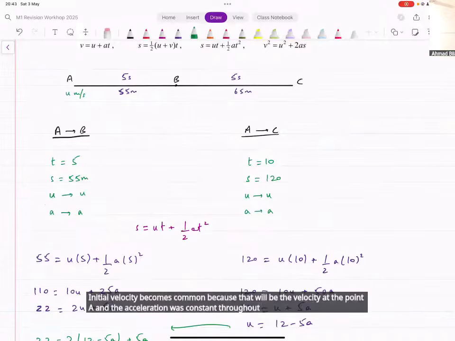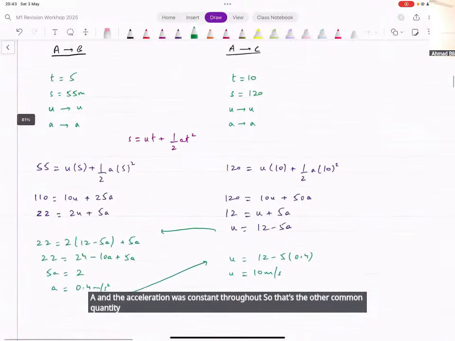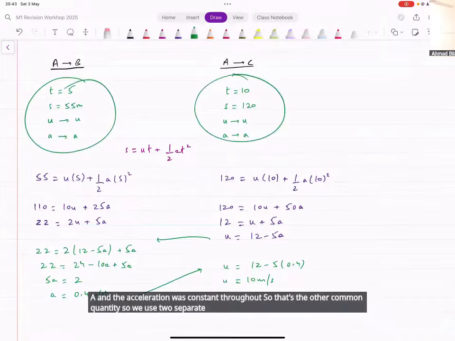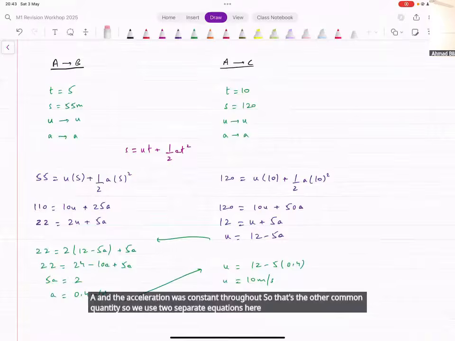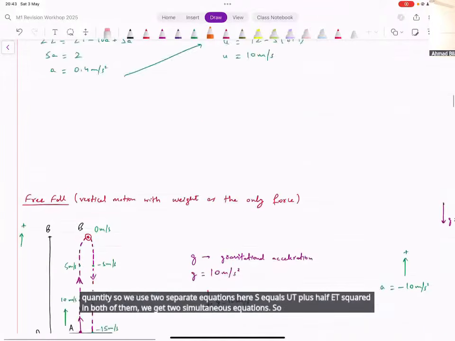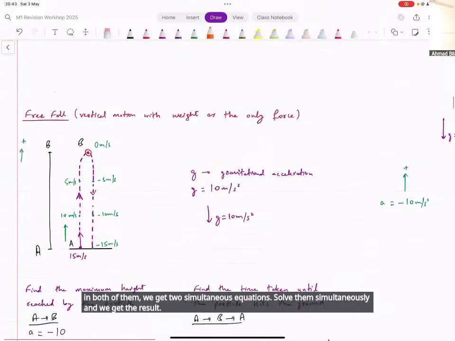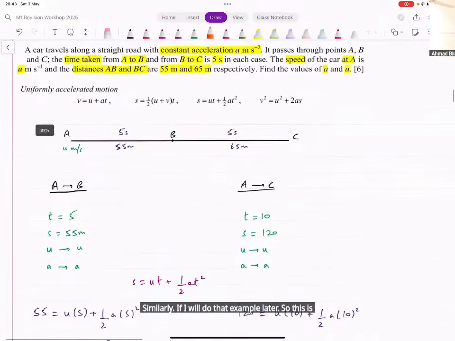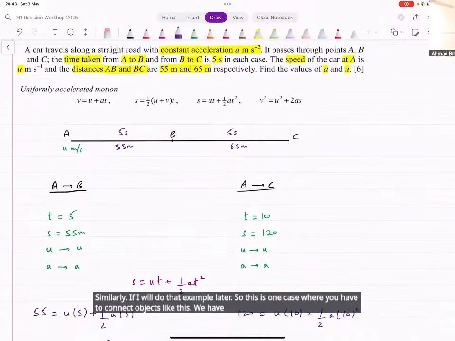So that's the other common quantity. So we use two separate equations here, s equals ut plus half at squared. In both of them, we get two simultaneous equations, solve them simultaneously, and we get the result. Similarly, I will do that example later. So this is one case where you have to connect two equations like this.